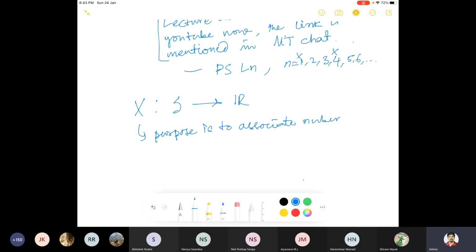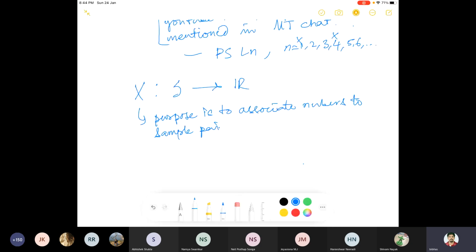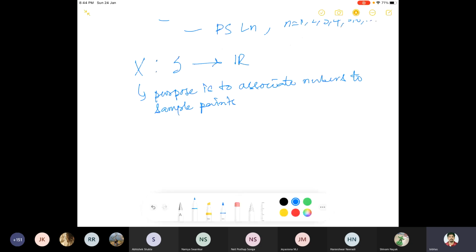For example, we discussed throwing a pair of dice, and the outcomes could be a pair of numbers. But you can define a random variable depending on what you are interested in.